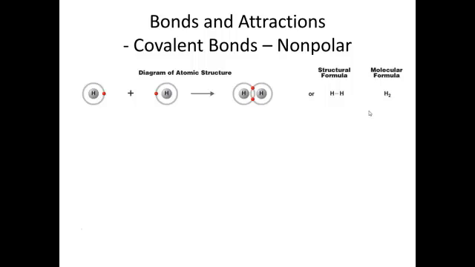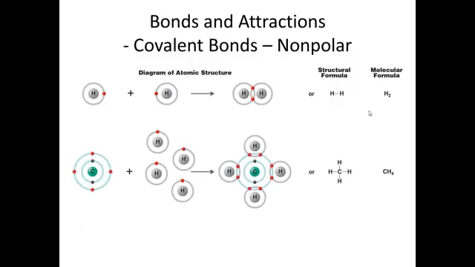Let's look at when we are combining atoms that are different. For example, carbon has an atomic number of 6. So we have a full electron orbital around the inside, and we've got 4 on the outside. Now, carbon would like to have 4 more. It's big enough, it's not going to give up those 4 electrons, but it really can't take 4 electrons from another atom.